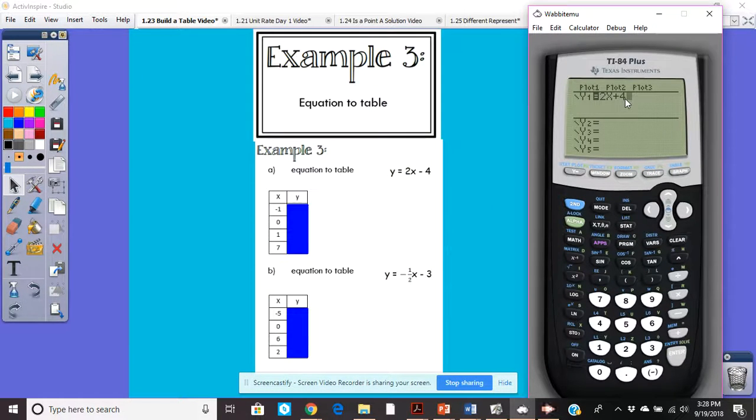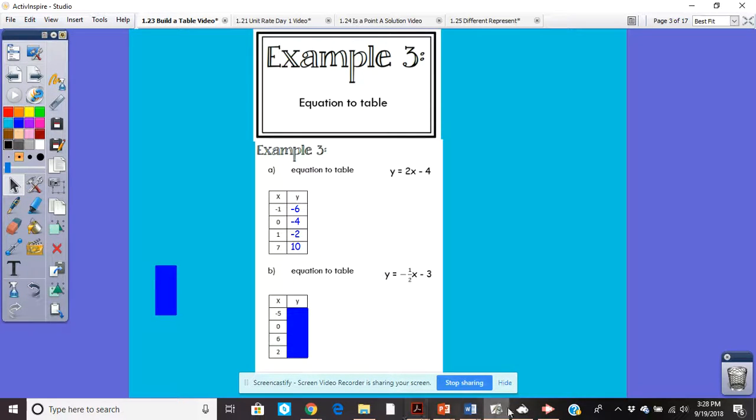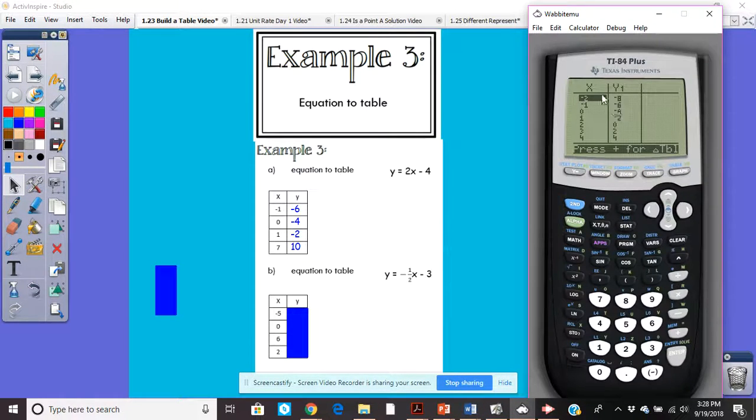Let me clear this out. Second graph will give me my table. And again, you just want to check and make sure that you're writing down exactly what's in your calculator. So at -1, you should have a -6 for the y. If x is 7, you should have a 10 for the y.